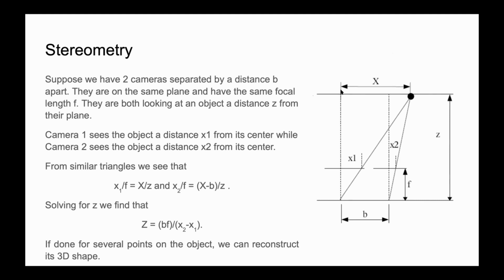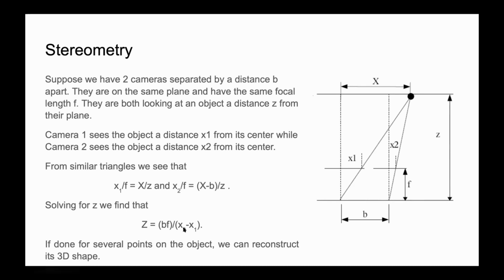Well, this distance is just capital X minus this distance, which is essentially b. And so that's capital X minus b over z. And now, combining these two together, solving for small z though, no? We get, you can try it, no? You will see that z is equal to bf over x2 minus x1, okay?